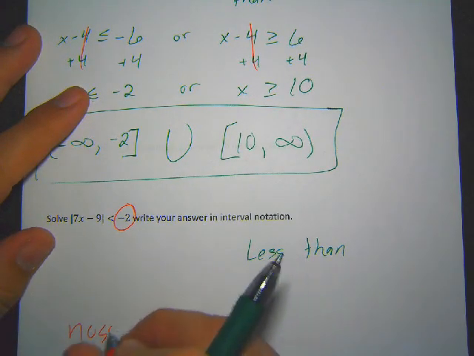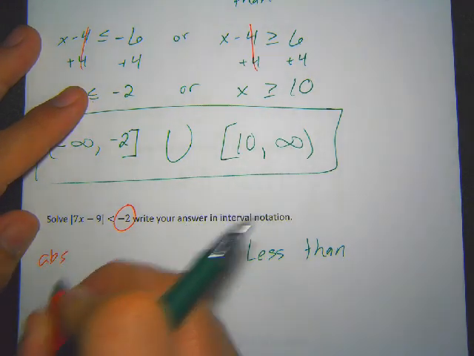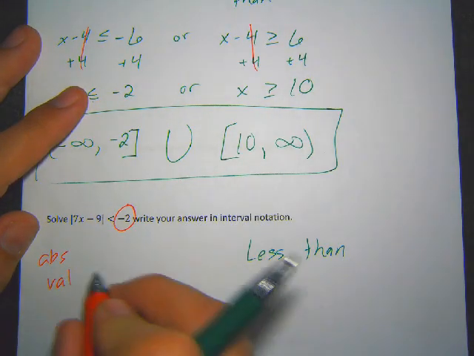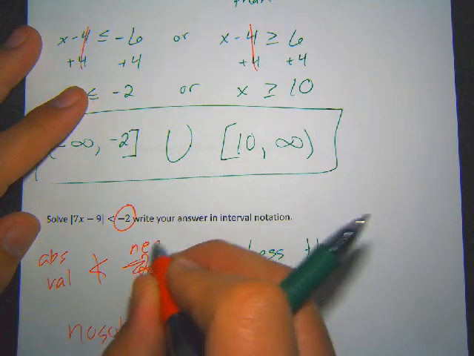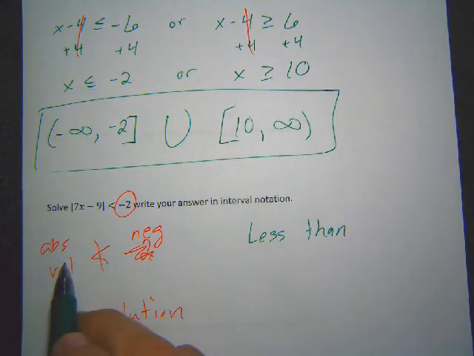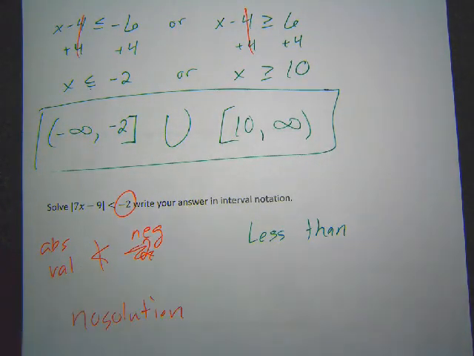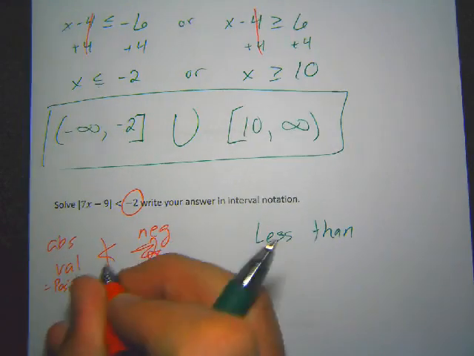Why is it a no solution? Well, because an absolute value is positive, so an absolute value cannot be less than a negative. Any negative. It doesn't have to be -2. It could be any negative. By default, an absolute value is a positive. You cannot have a positive that's smaller than a negative.